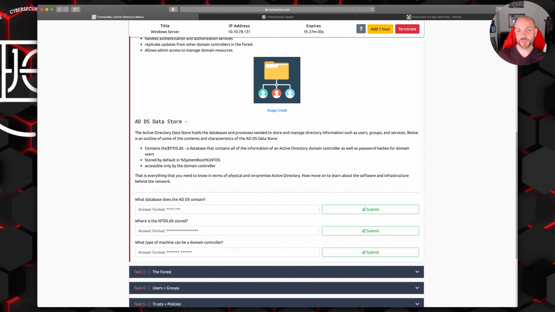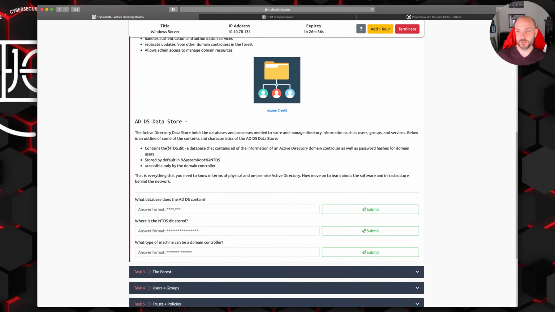This is one of those things that if an attacker is trying to get credentials in the environment, if they are able to get to this, pull it down, and then run some tools to try to crack the password hashes, then this is kind of like the jewels in the kingdom, for lack of a better term.